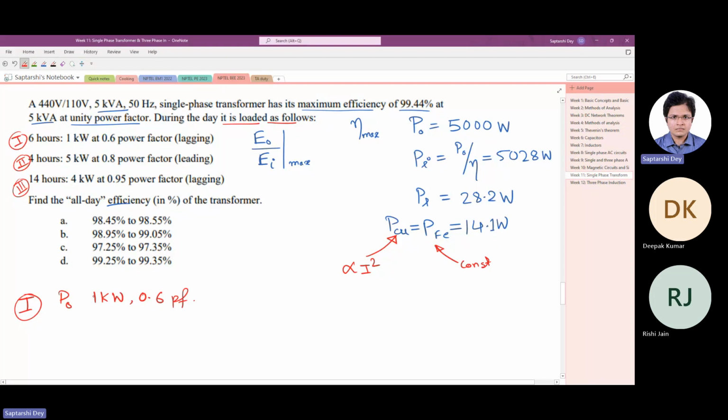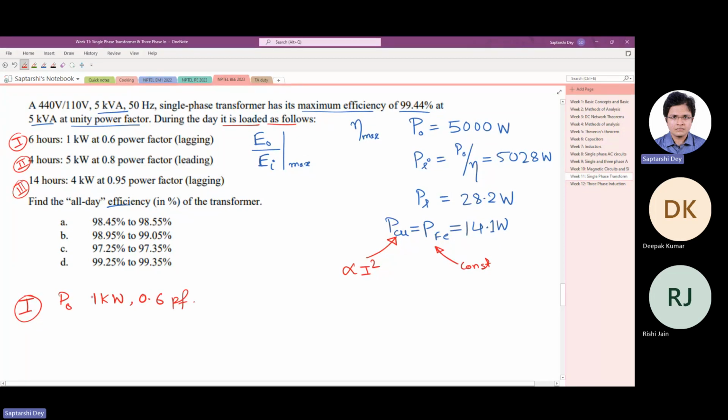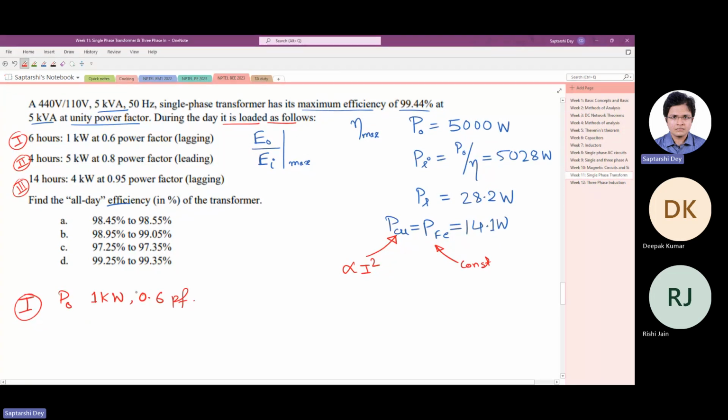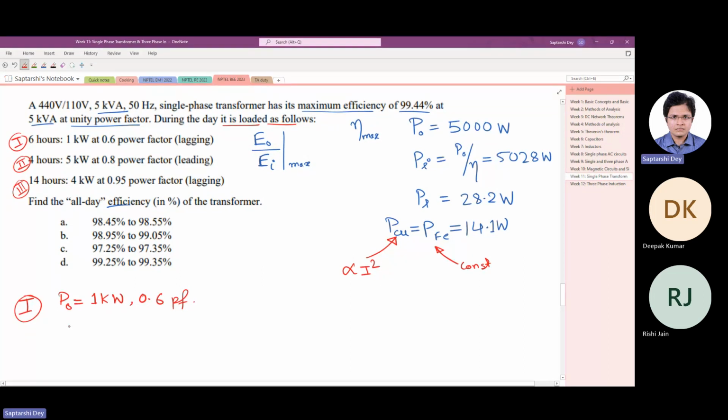But who decides the current in the transformer? It's not the kilowatt that decides the current. The kVA decides the current. During this time, the output active power is this much, but the apparent power, the kVA, is 1 by 0.6.